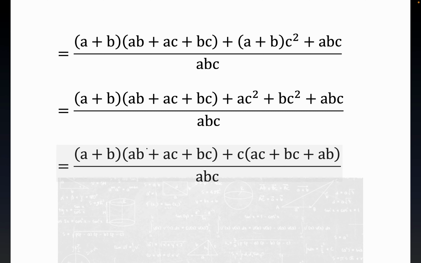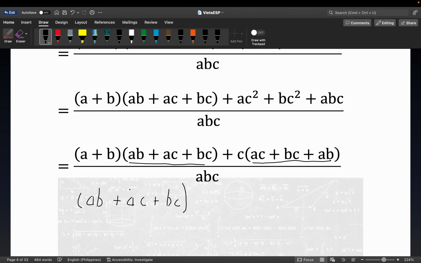So you can see here, if you factor ab plus ac plus bc out of the numerator, the way that all the multiplies went out, it's out of order, but addition is commutative, fortunately for us.